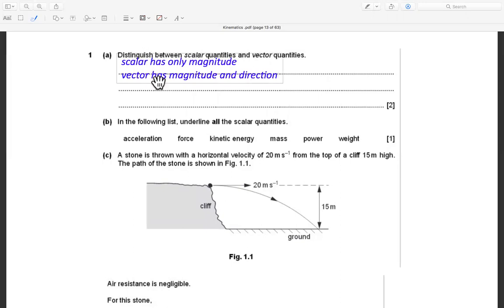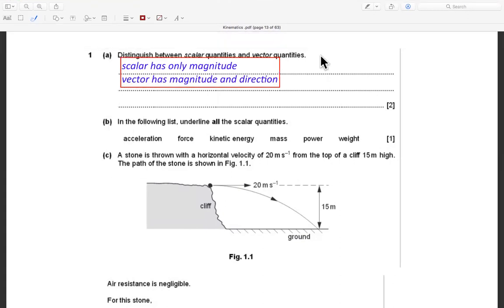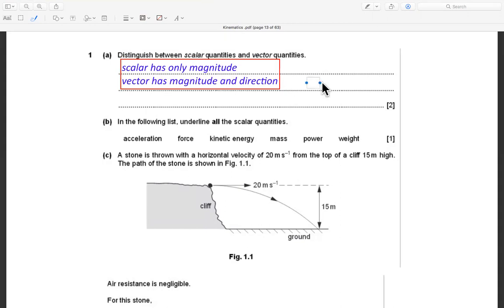This is the distinction between scalar quantities and vector quantities. Then continue to question B.